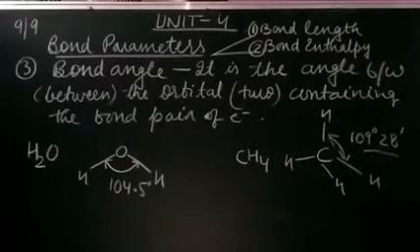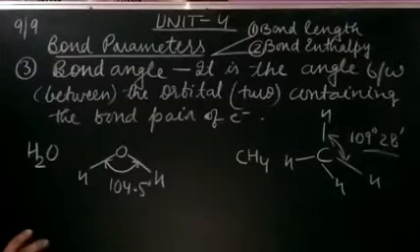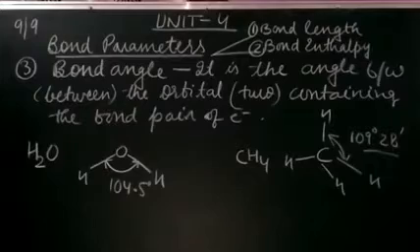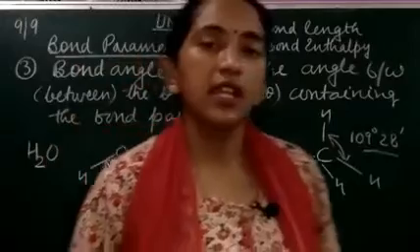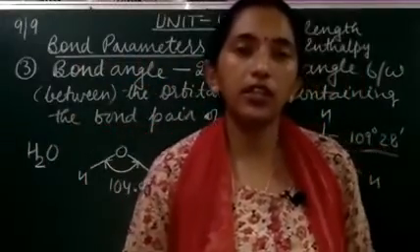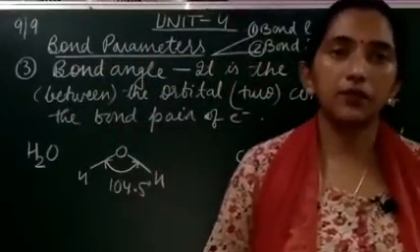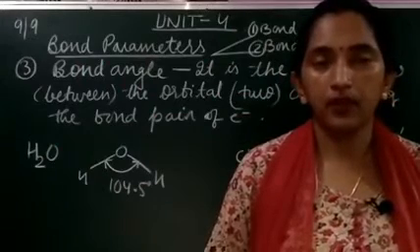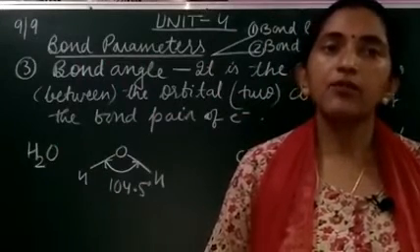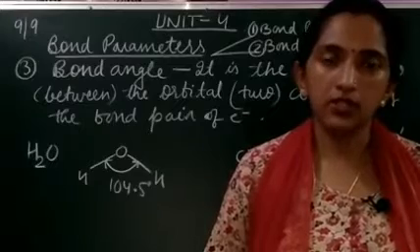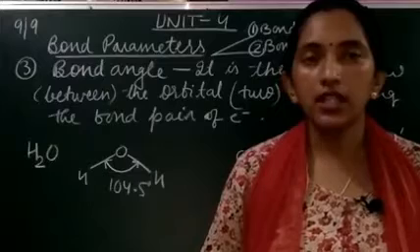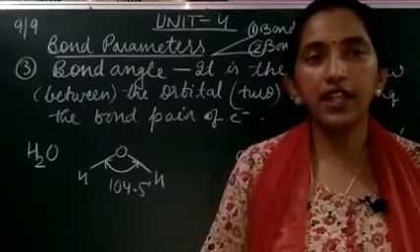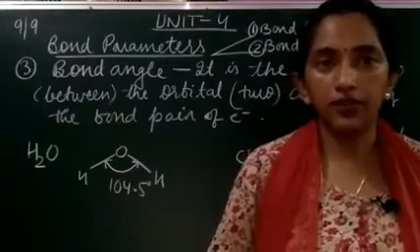Now, which factor is going to affect the bond angle, students? It is the presence of lone pair on or around the central atom that affects the bond angle, right? If more lone pairs are present, there will be more repulsion, so they will tend to stay apart. As a result, the shape gets distorted from the regular geometry.